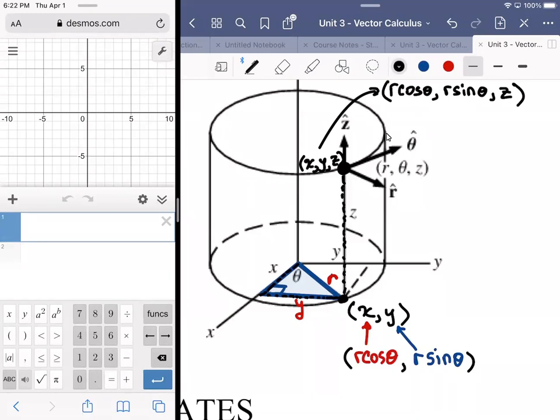So that gives us a nice little relationship that allows us to navigate back and forth between polar and rectangular coordinates. If I need the rectangular analog of a polar set of coordinates, I can work it out this way.